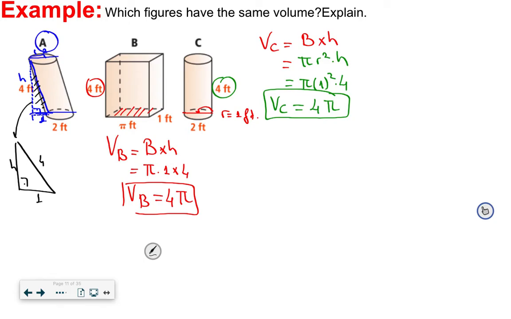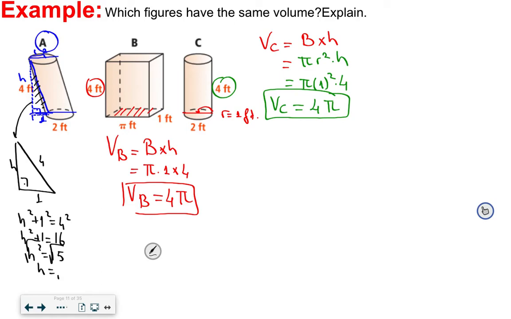To be able to find the height, you can use h squared plus 1 squared is equal to 4 squared. H squared plus 1 is equal to 16. If we subtract 1 from both sides, h squared is equal to 15. If you take the square root of both sides, h is equal to radical 15. Now I can use the volume for figure A. What is the volume? Base area, pi r squared times height.